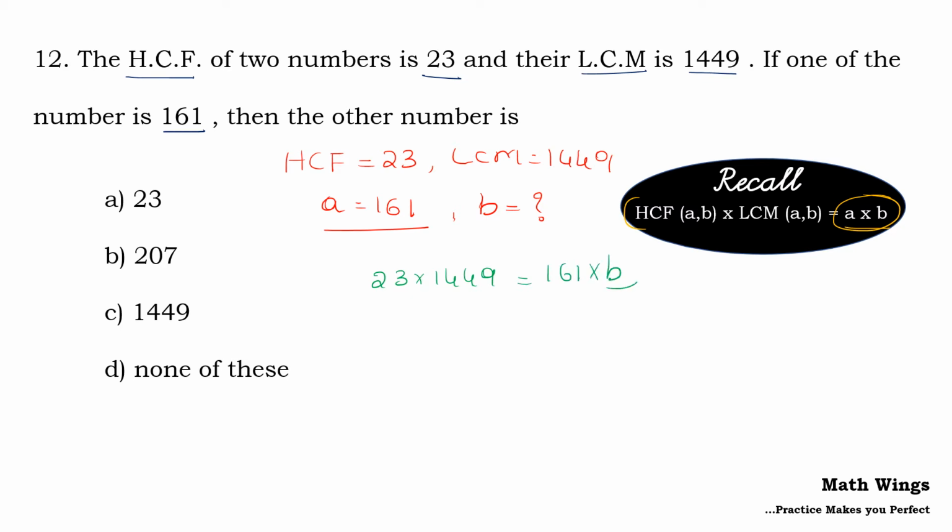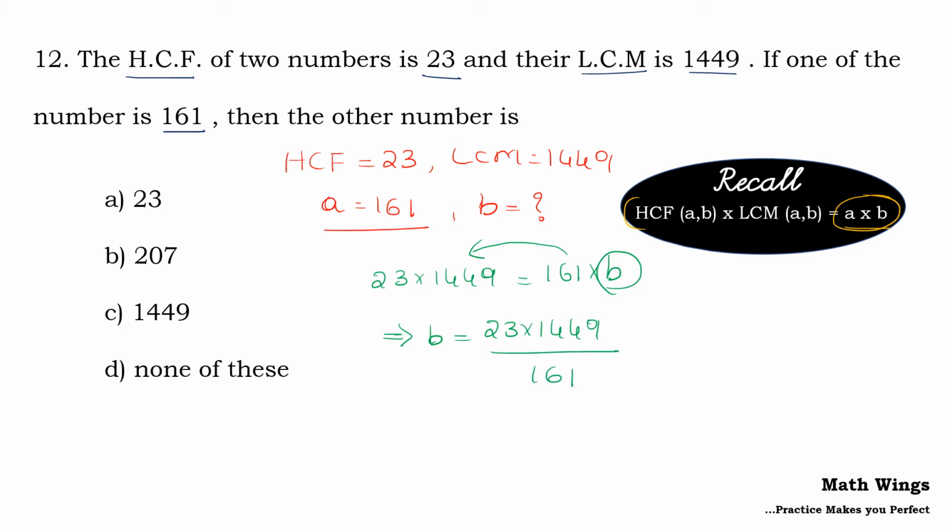To find the unknown B, we can bring 161 to the other side. This implies B is equal to 23 into 1449 divided by 161.